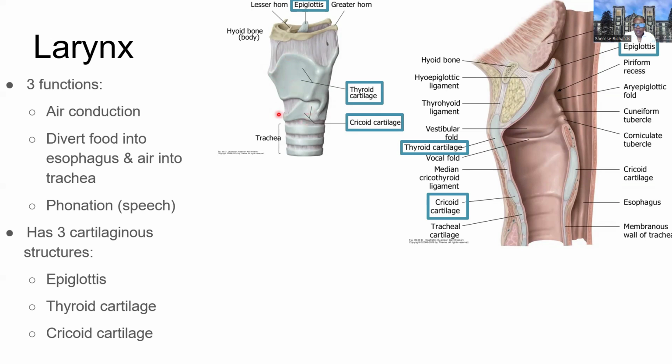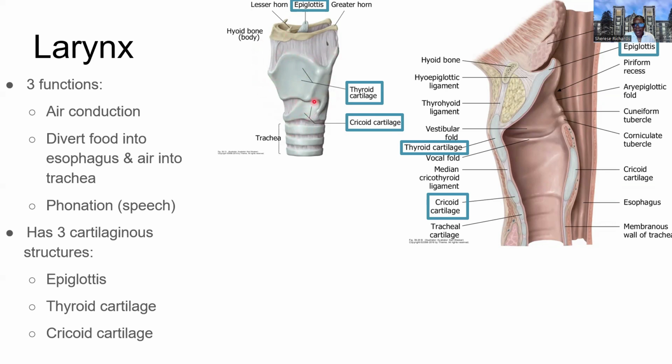Next is the cricoid cartilage. The cricoid cartilage sits between the thyroid cartilage and the first couple rings of the trachea. Where the trachea begins is right beneath the cricoid cartilage and beneath the larynx.